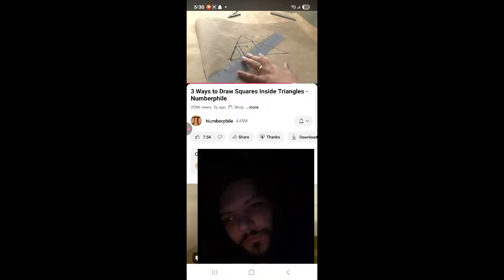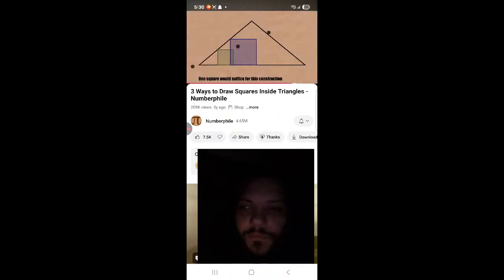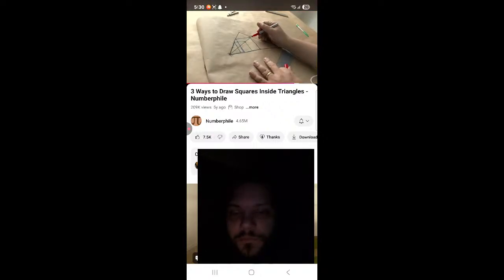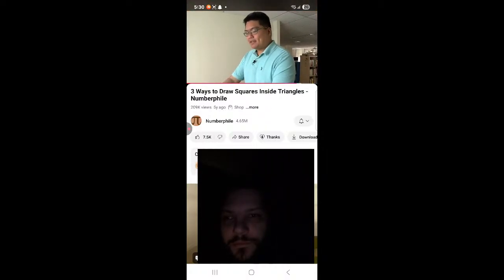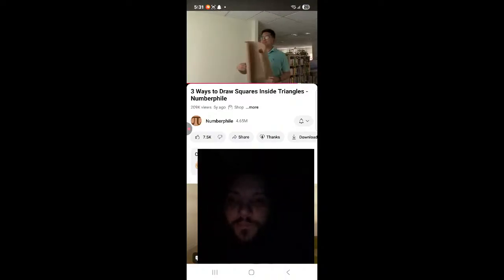So we could connect up these 3 points and see where it intersects the other side of the triangle. And then from here, we know if we drop the perpendicular and we drop the parallel line, that will give us a square. Ah, that's almost simpler than the other one. That is indeed simpler than the other one. And both of these use the same idea of similarity.